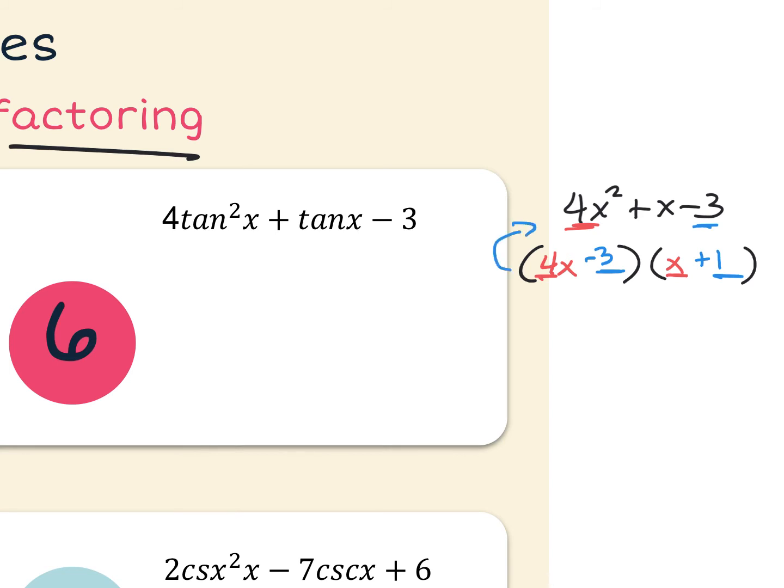If it doesn't, then you got to start over and maybe put the 1 first. So if I FOIL this, I get 4x squared, 4x, -3x, and then last is -3. Notice when I add them, I do get the middle, so I picked the right factors.